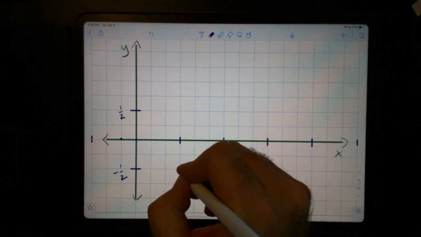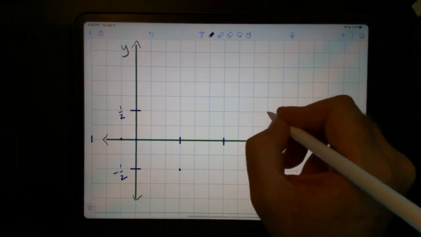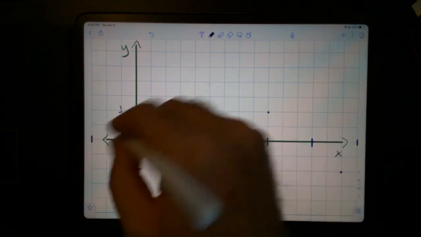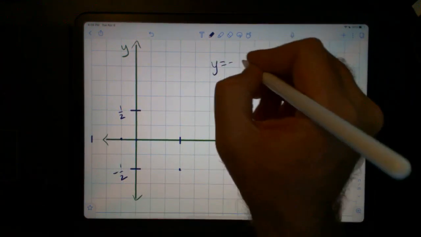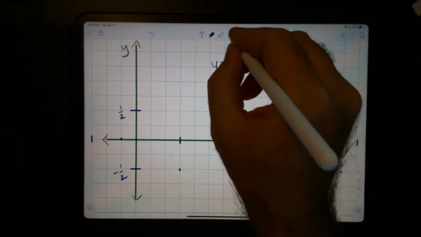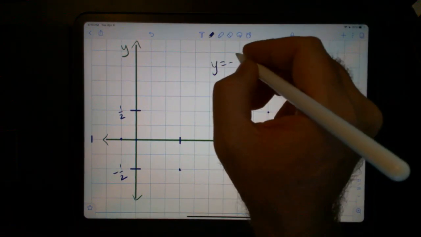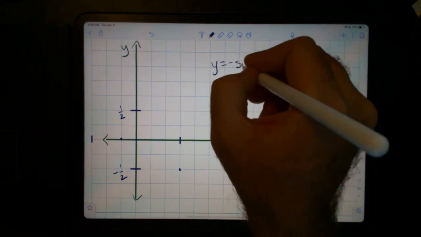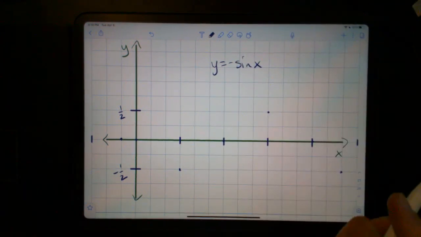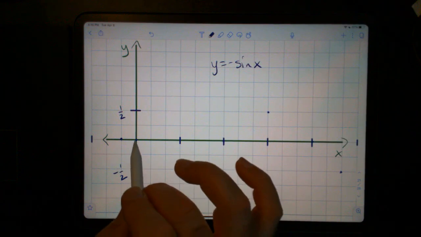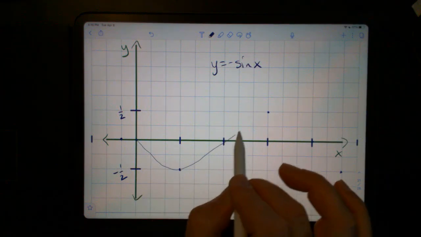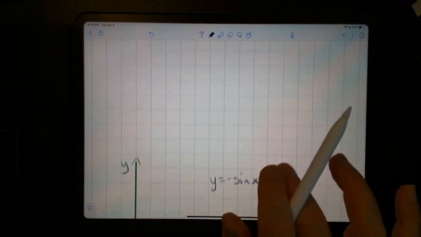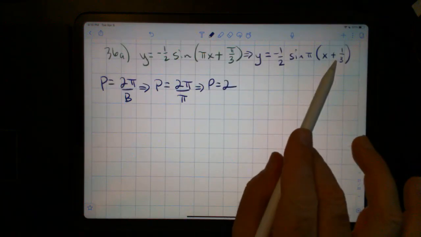Let me put in a structure. So what I just penciled in is y equals negative sine x, this right here. Okay, but we need to shift everything to the left pi over 3 units.